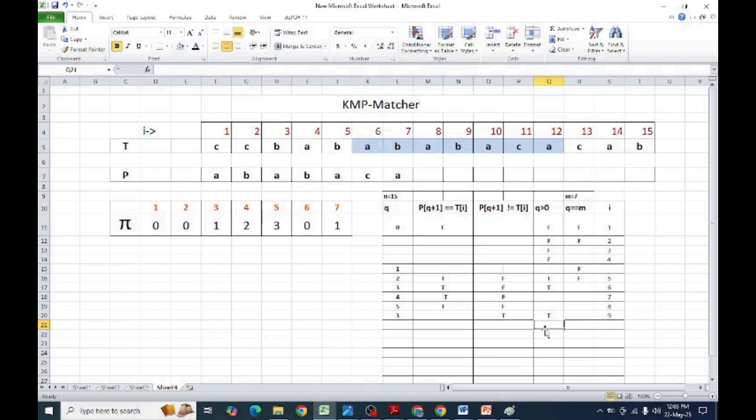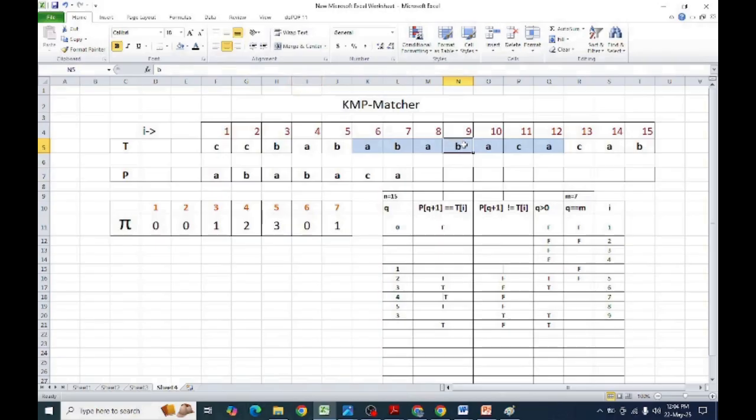Q greater than 0, this condition is true and this condition is false, so this while loop will not work. It will go for the if, so this condition is true now. That is P of q plus 1, that is P of 4, this one, equal to T of i, this.